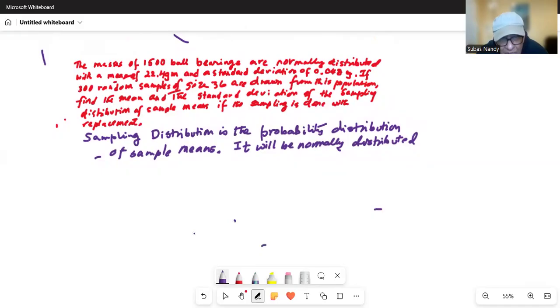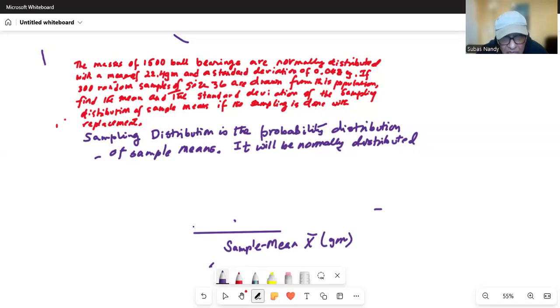You have sample means on the horizontal axis, sample mean weight in this case, measured in gram. So you're taking samples of size 36 and we replace the ball taken out every time from the population. So the probability distribution of the sample means from the central limit theorem will look like this.